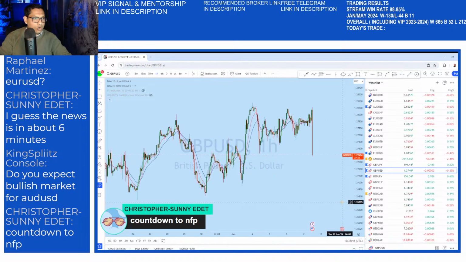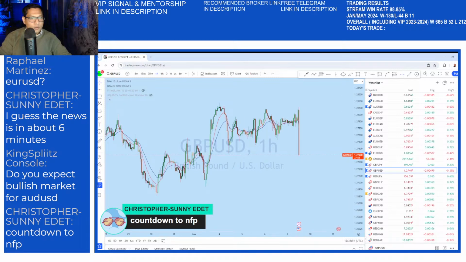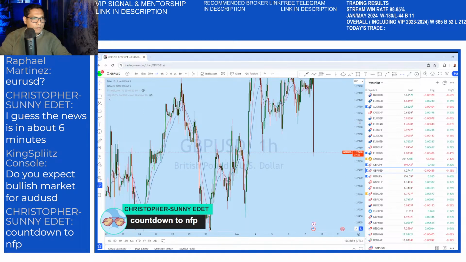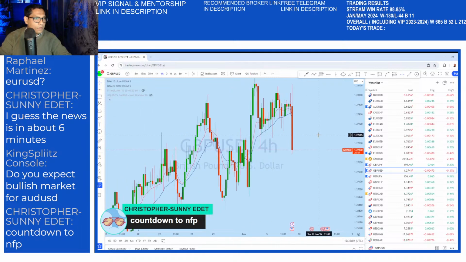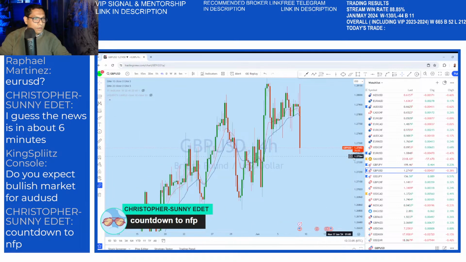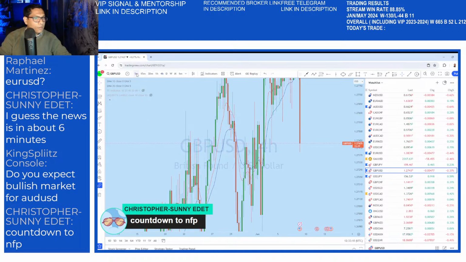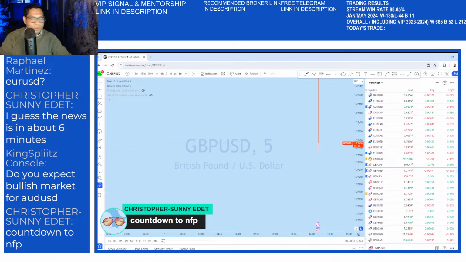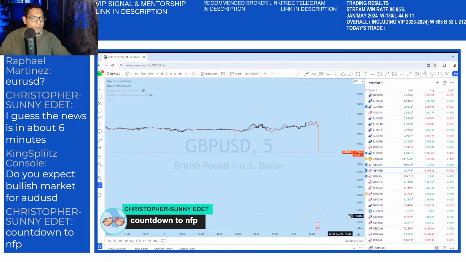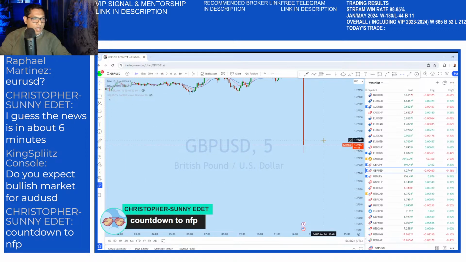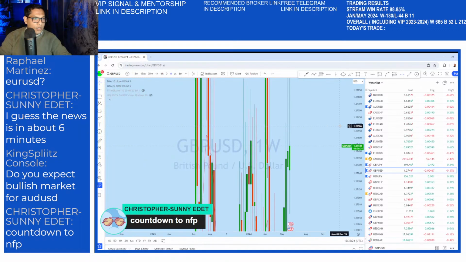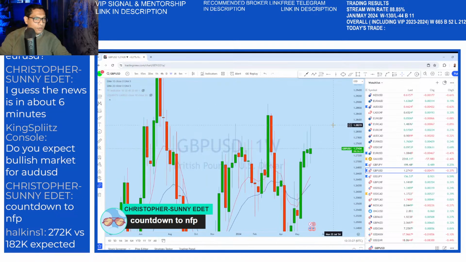How much it's gonna drop will determine the price movement. This break on GBP USD might take the price, if you look at the weekly, almost to the weekly support.